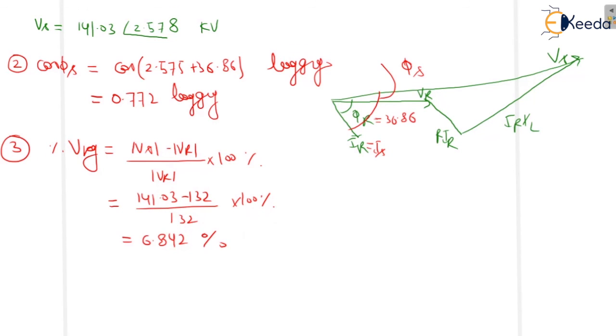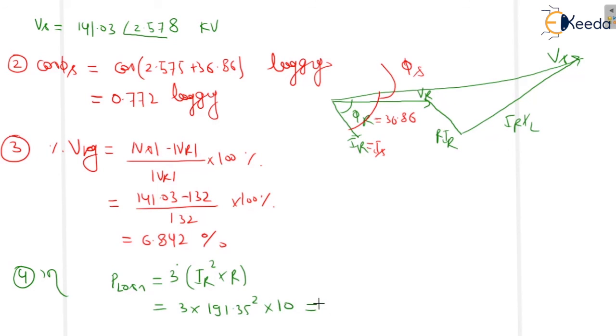Now the fourth important point is efficiency. For efficiency we must know that P loss will be equal to IR square into R. This is per phase, and when you multiply by 3, this will be the 3-phase power loss: 3 into 191.35 square into R, R means 10, and this is coming out to be 1.09 megawatt.